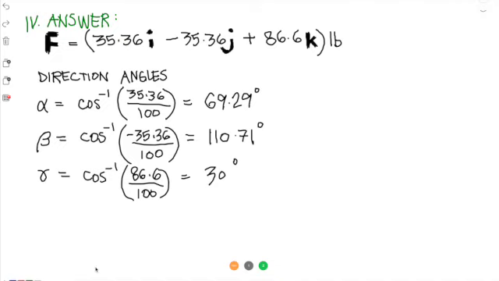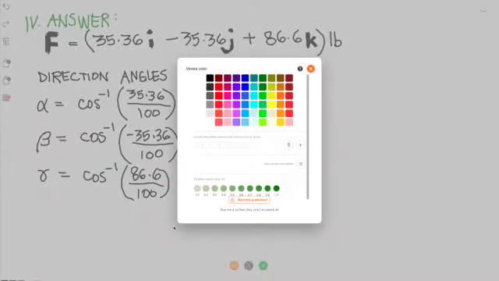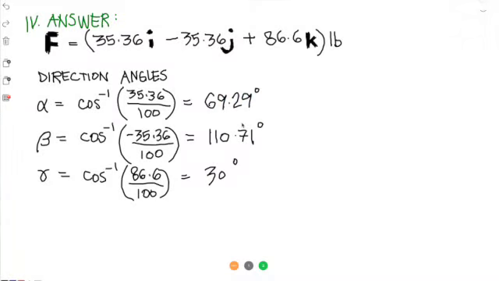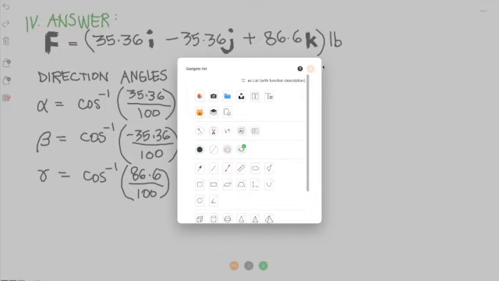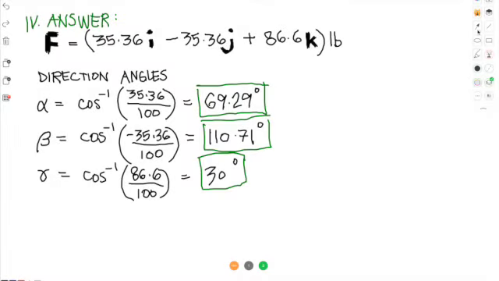So now that you have named your direction angles, this is now our answers. And of course, you need to draw the resultant. Let me draw that. So we have here, this is our answer.